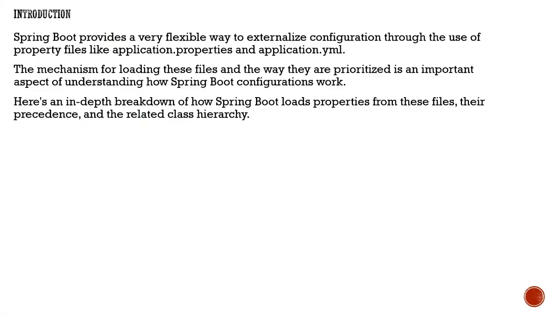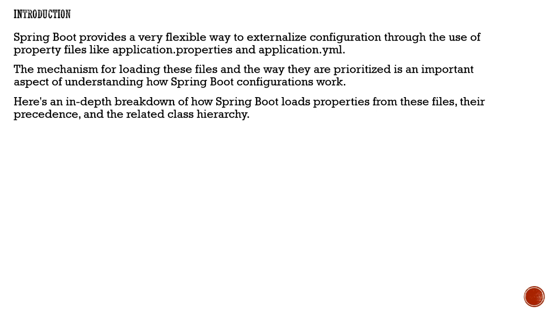So, Spring Boot. You already know it is used for faster development and making your development quite easy. When it comes to application.properties or application.yml, it is used for making your application flexible by externalizing your configuration through the use of property files, like you have application.properties and application.yml, right?